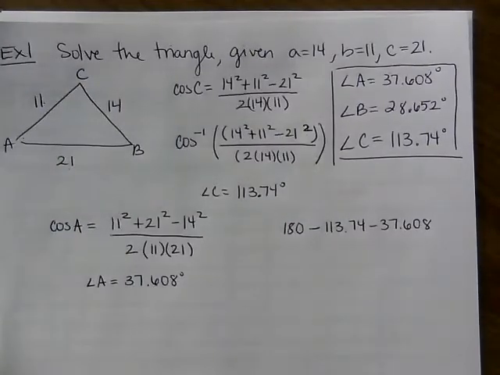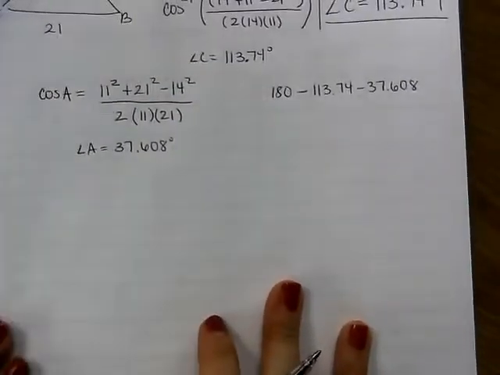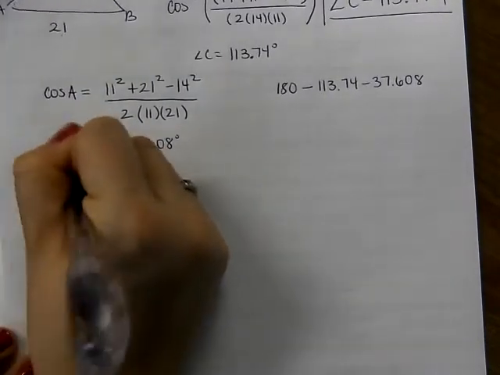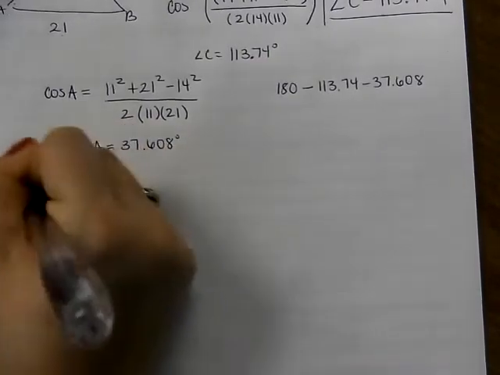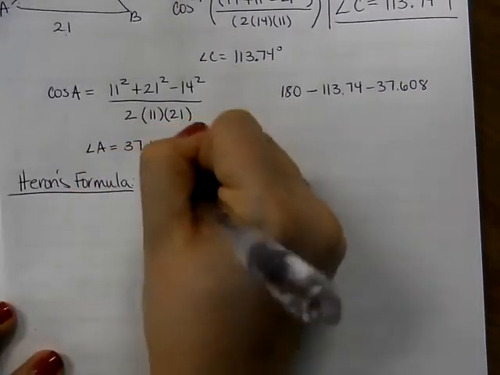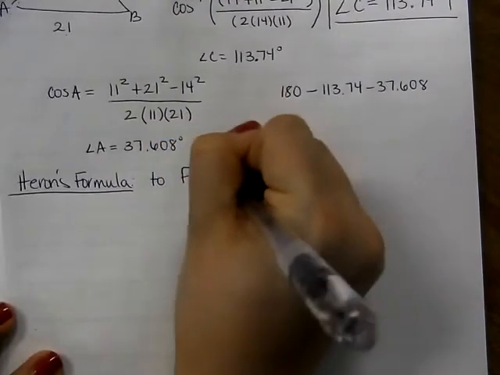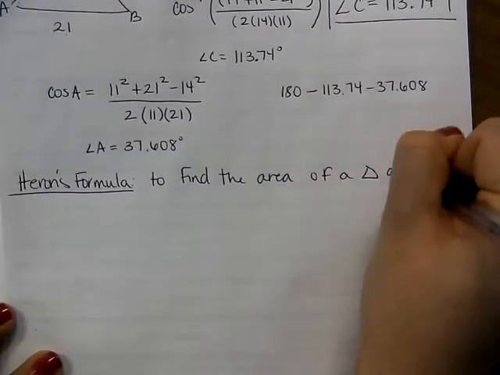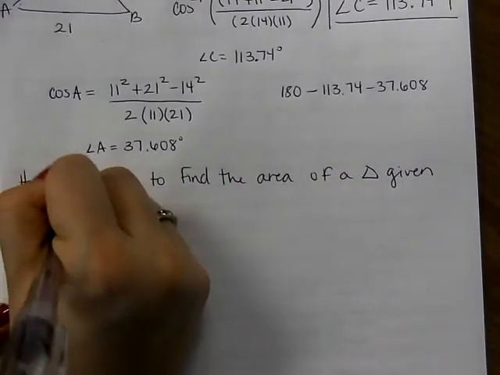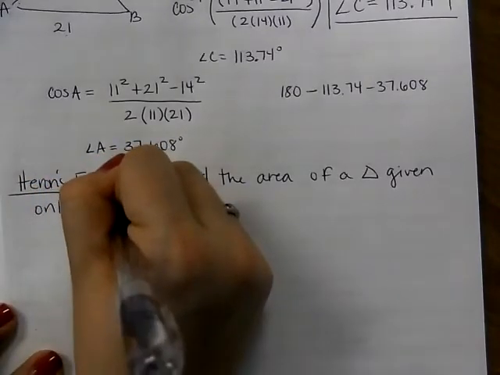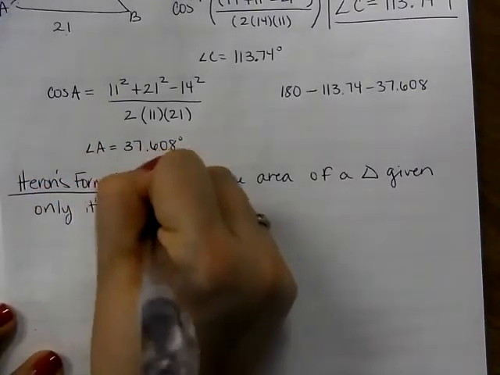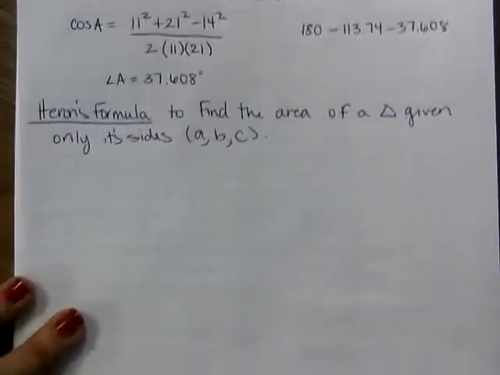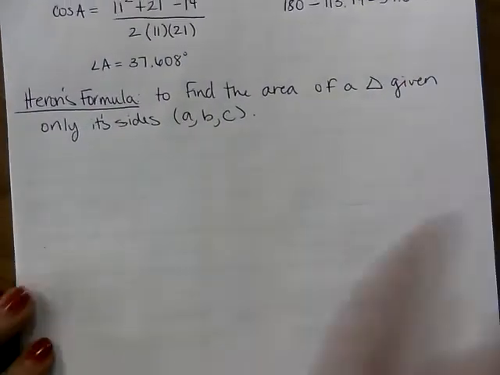Okay, so the next formula is another area formula. So this is called Heron's formula. This is to find the area of a triangle given only its three sides, which we're going to call A, B, and C. So let's do an example of it.